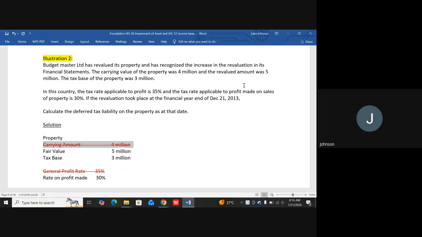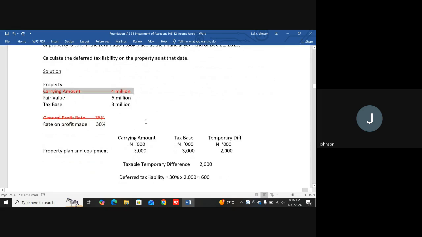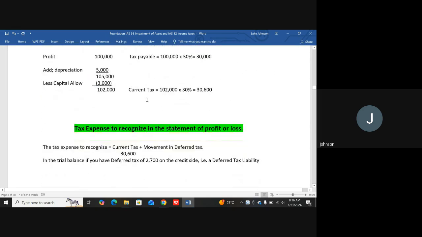The valuer has revalued that amount. Since the amount has been adjusted, don't go with the old amount. Simply go with the new amount they've gotten. So the revalued amount is always what you are going to pick at every point in time. You compare your revalued amount with your tax base, and that is what we did over here. So we're not going to wait there.